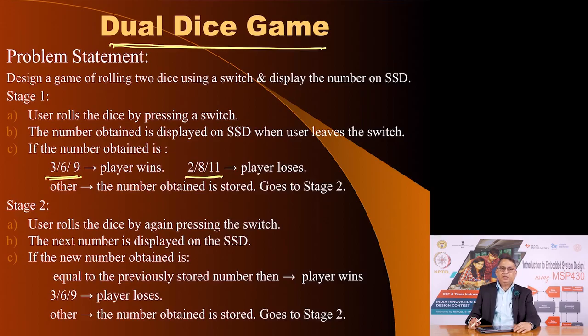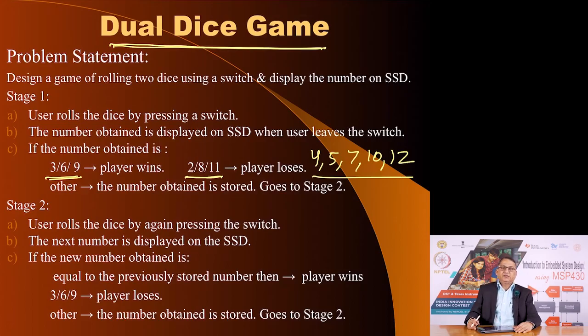In case the number is anything other than these, which means if it is 4 or 5 or 7 or 10 or 12, then the game proceeds to the second stage, and before proceeding to the second stage, it stores the current number that was received, which means that number had to be one of these numbers.